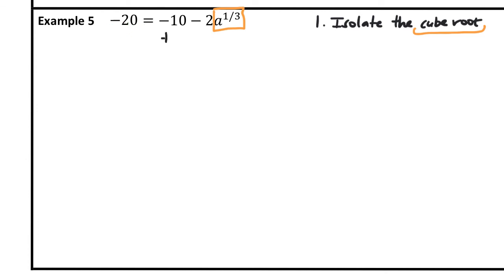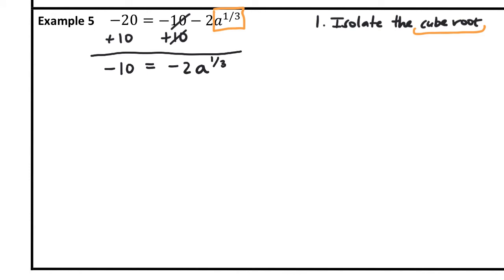So I can add 10 on both sides. And then that gives me -10 equals -2a to the power of 1/3. Then the opposite of multiplying by -2 is dividing by -2.